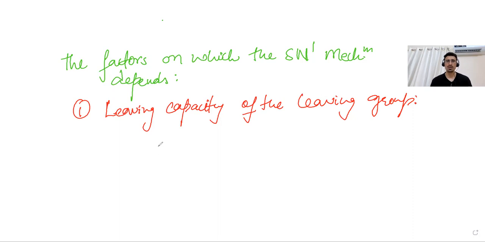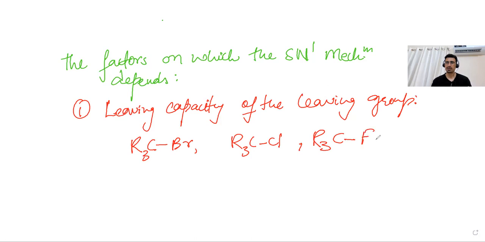So, let us take examples to understand this better. R3CBr, R3CCl, R3CF, and R3CI.